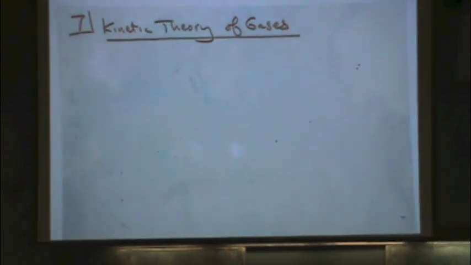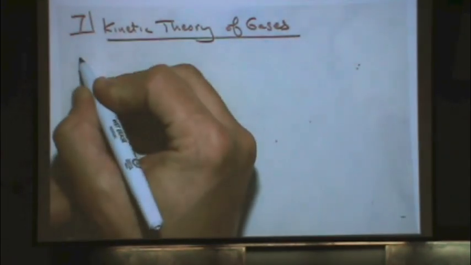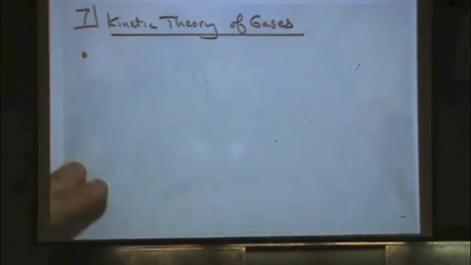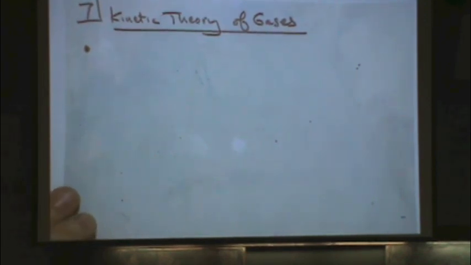This is on page 44 of the reader and page 218 of the textbook. There are some assumptions. I'll make 5 bullet points, assumptions that we use to derive a theory of gases. That theory of gases we call the kinetic theory of gases.